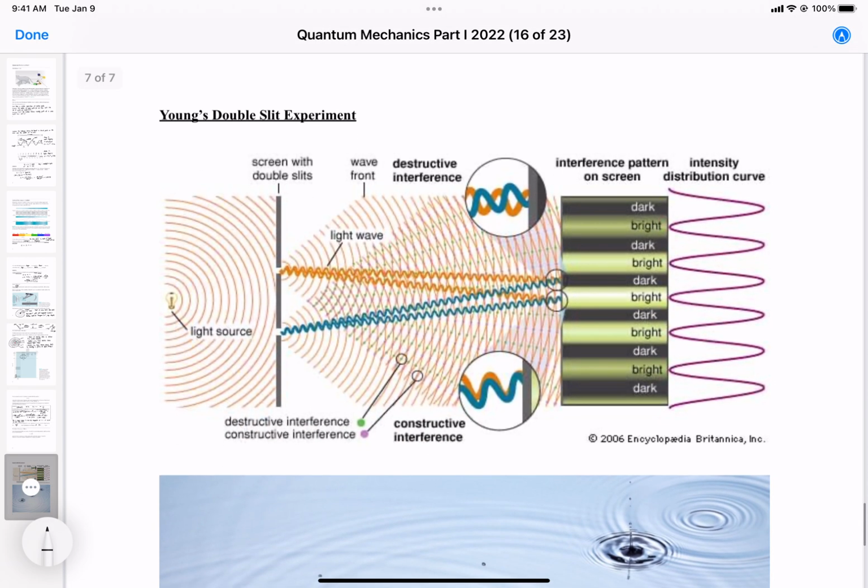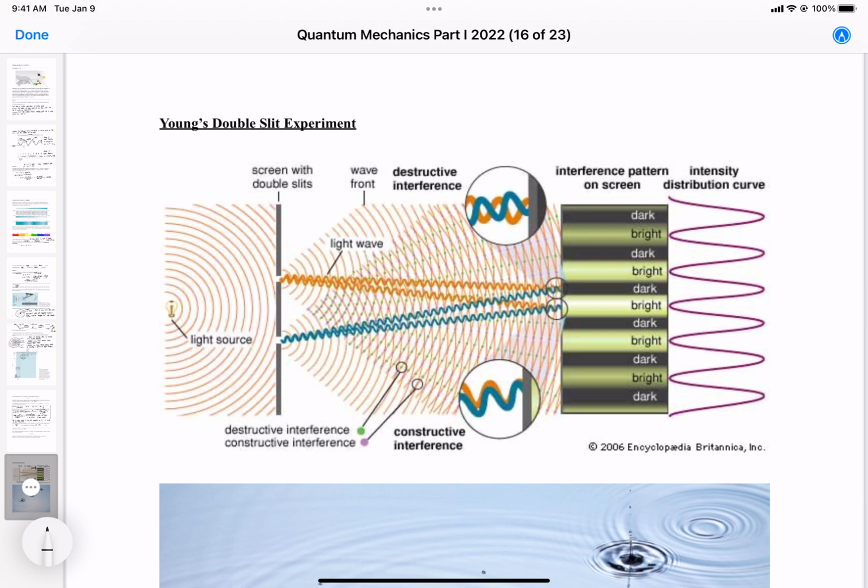All right. So an experiment that was used to show the wave nature of the electron is Young's double slit experiment. This experiment is very important, and it was done such a long time ago, but the implications are still very much important today.